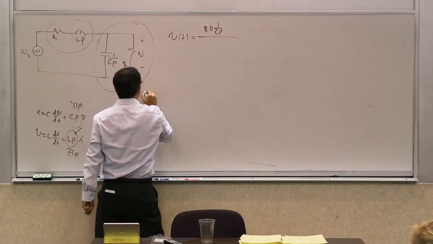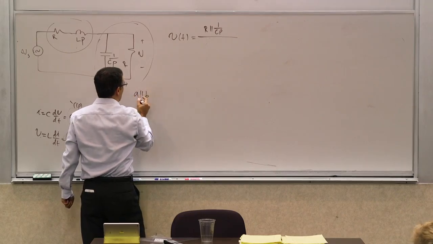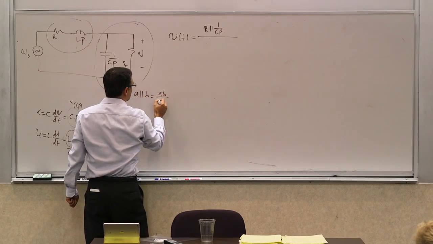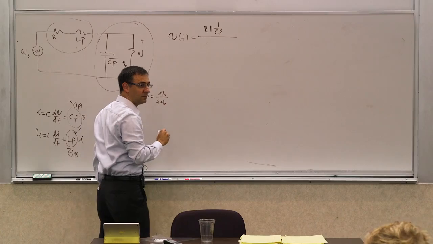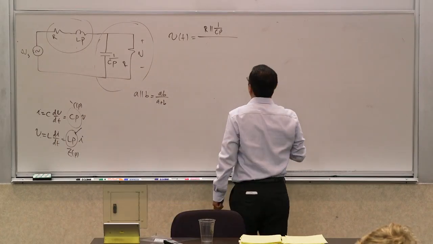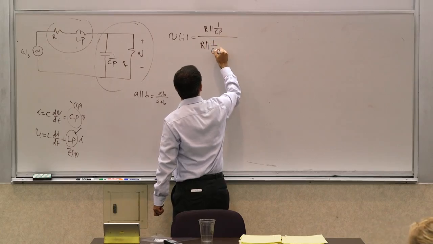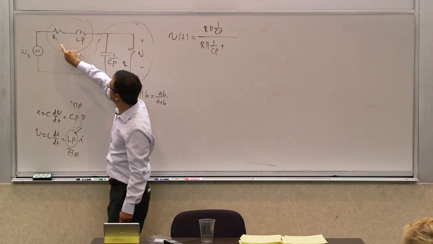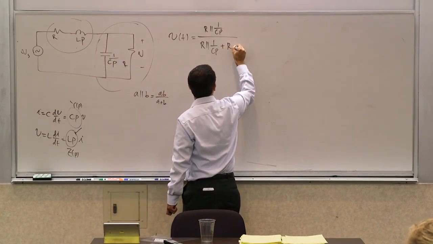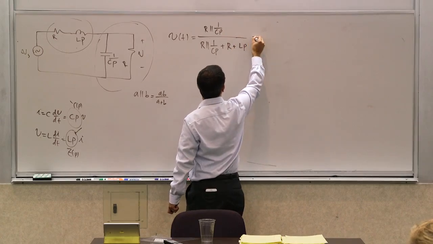And by in parallel, that's an operator: I can define this as AB over A plus B, the parallel combination.